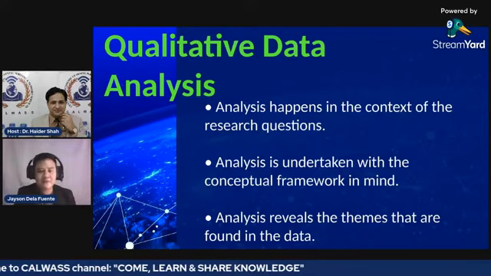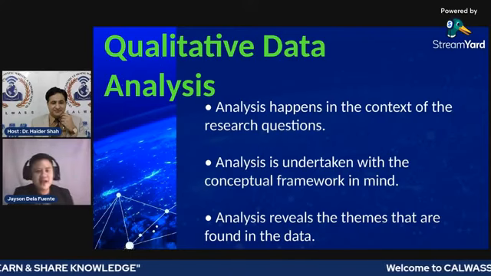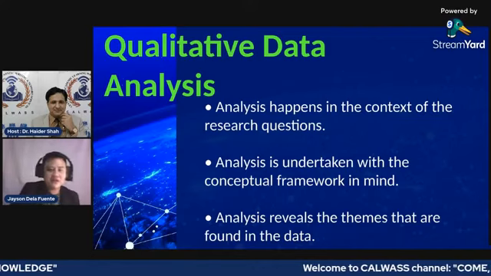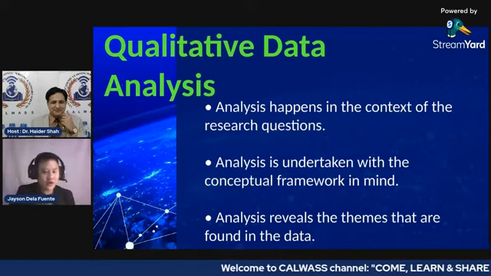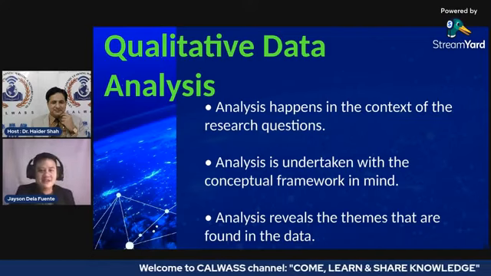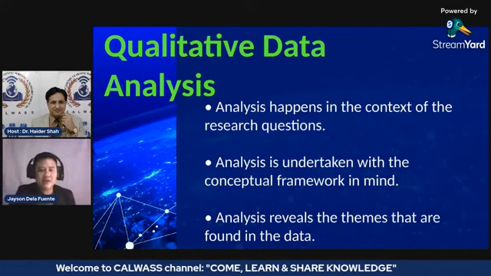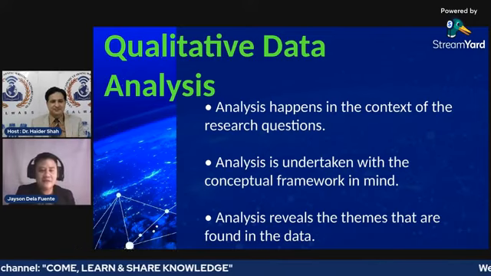In qualitative data analysis, analysis actually happens in the context of the research question. Of course, analysis is undertaken with the conceptual framework in mind, and analysis reveals the themes that are found in the data.